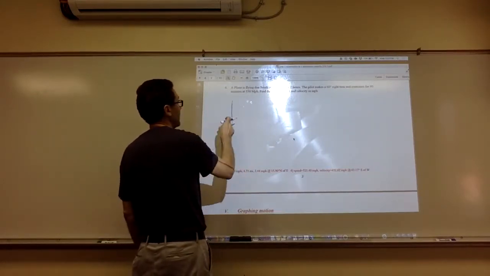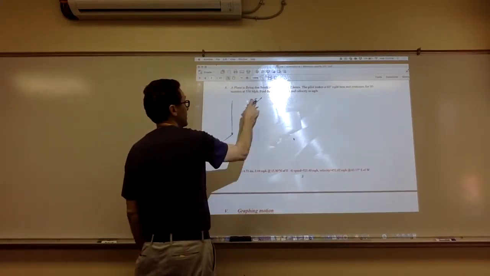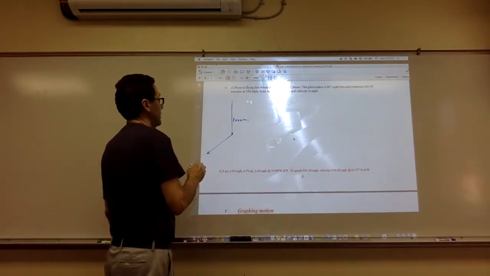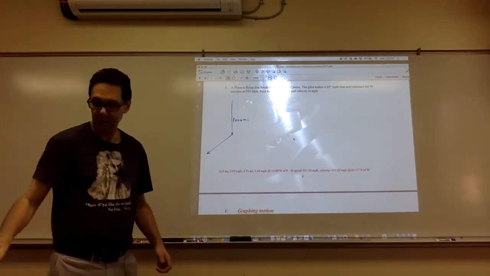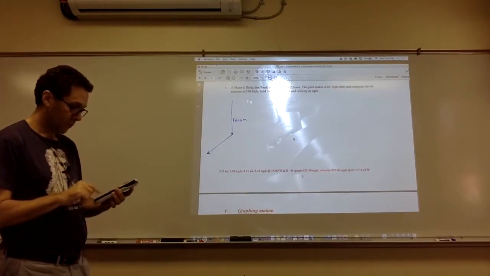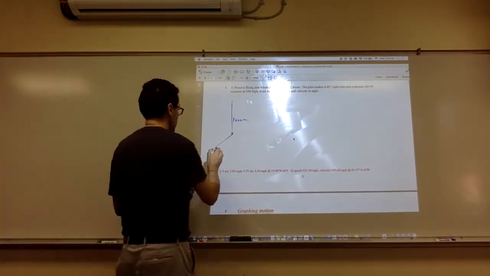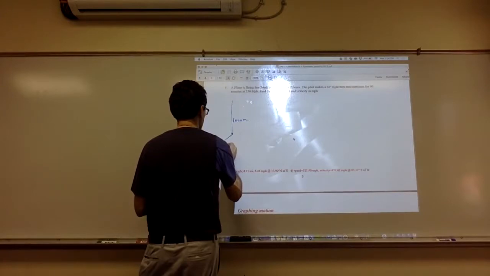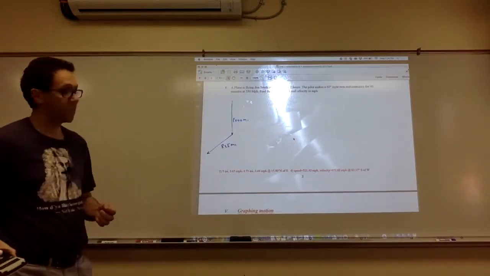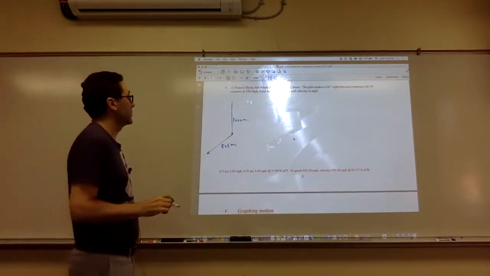Okay, so I think we have to figure out what this distance is here. So if we do v equals d over t, this is going to be 1,000 miles. The other one is going to be 550 times 90 minutes, which is an hour and a half, times 1.5. This is 825 miles. Okay. Find the plane's speed and velocity.